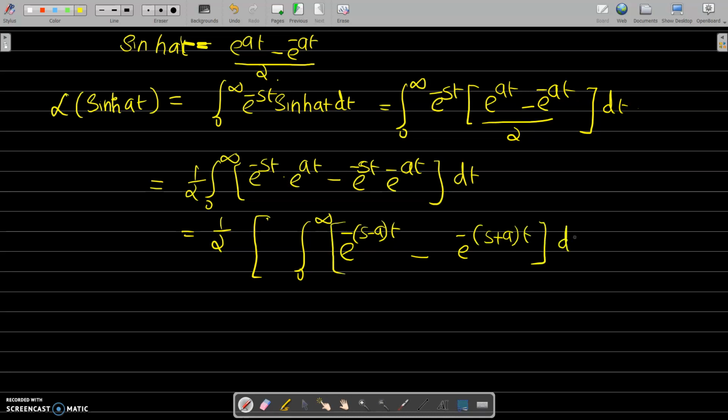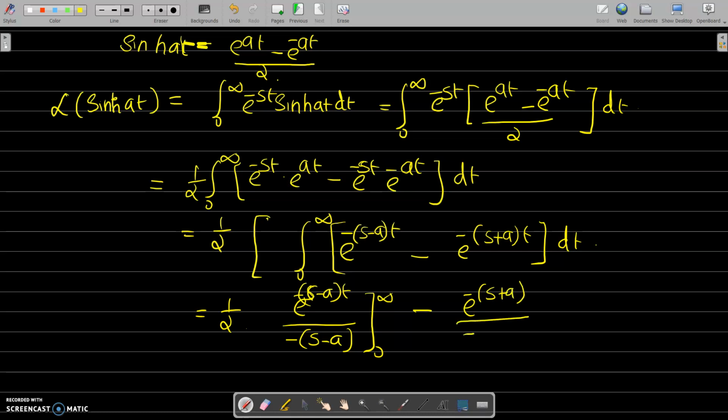dt. So 1 by 2 into the integral of this one is e raised to minus of s minus a into t divided by minus of s minus a from 0 to infinity, minus e raised to minus of s plus a into t divided by minus of s plus a from 0 to infinity.